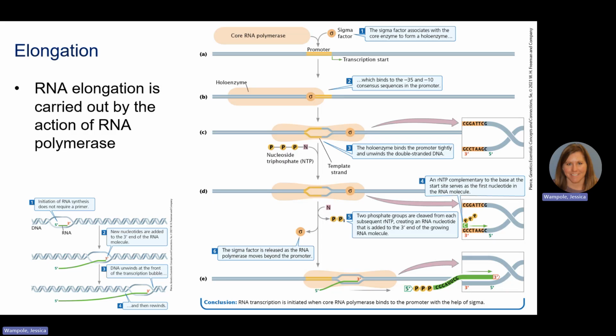All right, so initiation, our sigma factor. This slide says elongation, but it's kind of both initiation and elongation. What's going to happen is we've got our promoter sequence. The sigma factor is going to come in and bind to that promoter, and then it's going to guide the RNA polymerase in.